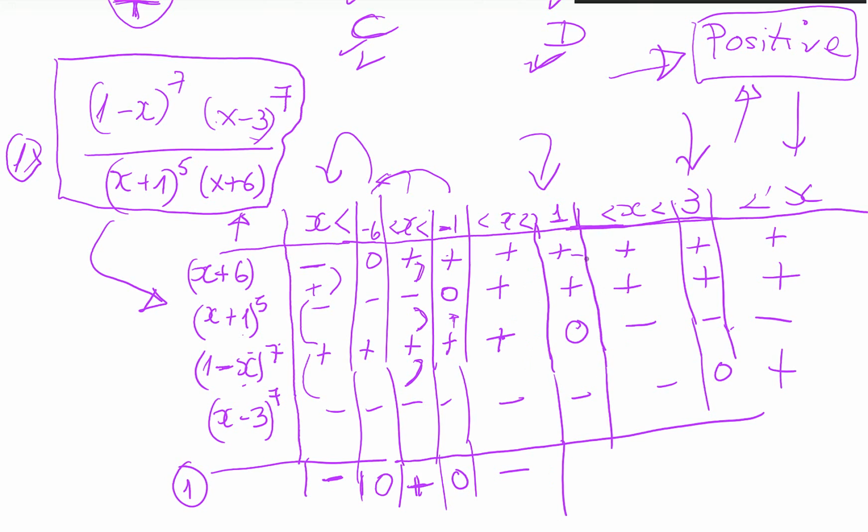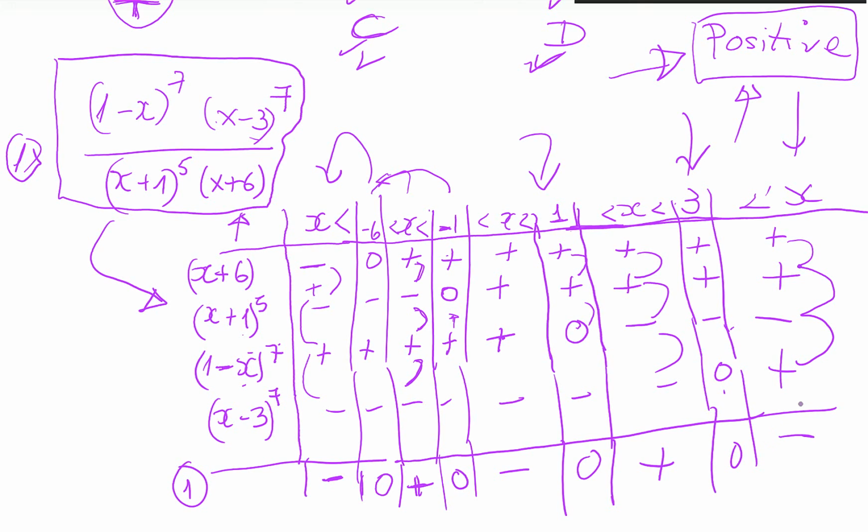And here, plus times 0 gives 0. And here, plus times minus is minus, times minus is plus. Here it gives 0 because of this expression. And here plus times minus is minus, times plus is minus, still minus.